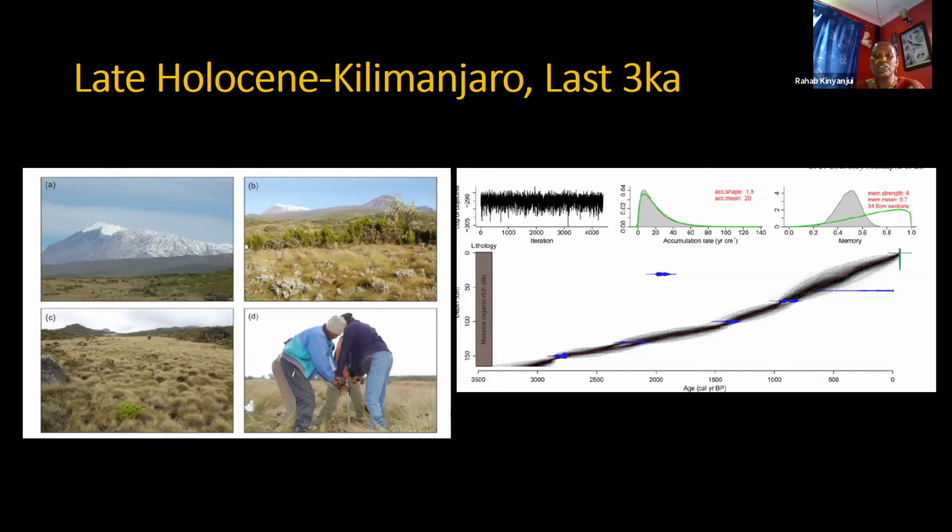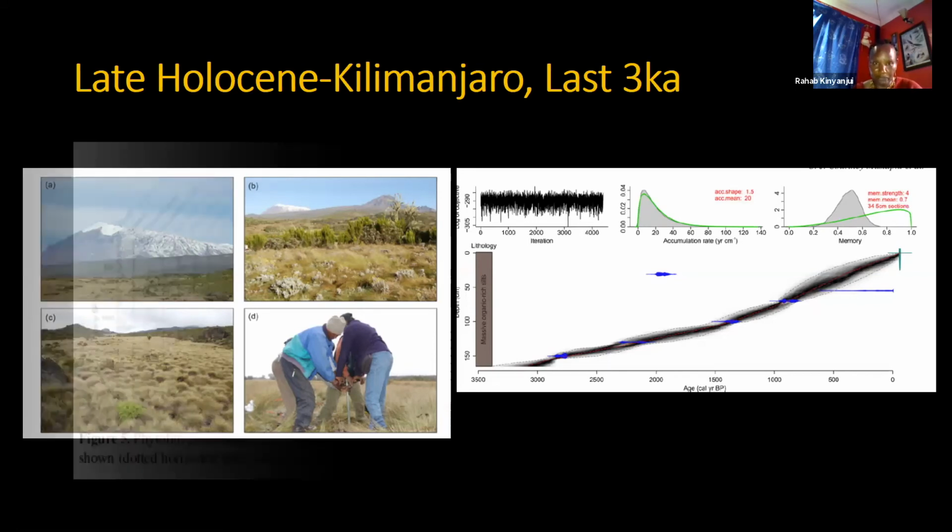So we were able to detect some interaction between the forest and the mountain and the people who were living in the lower elevation of the mountain.